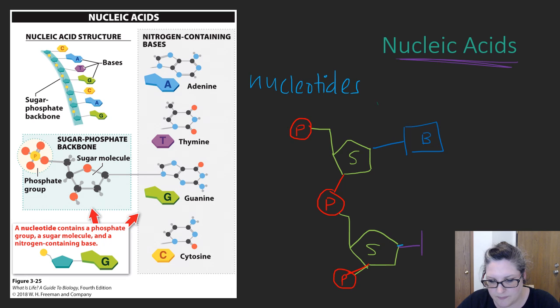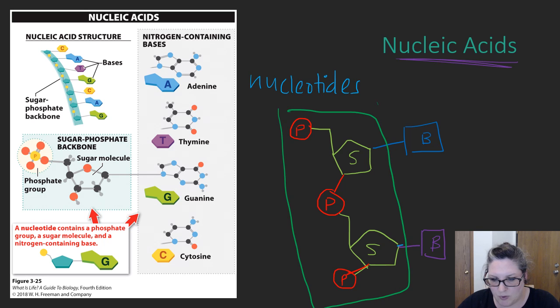Let's do that one in a different color. The 4 different bases generally are adenine, thymine, guanine, and cytosine. But the basic structure is the sugar phosphate backbone. And in the middle we have the bases.